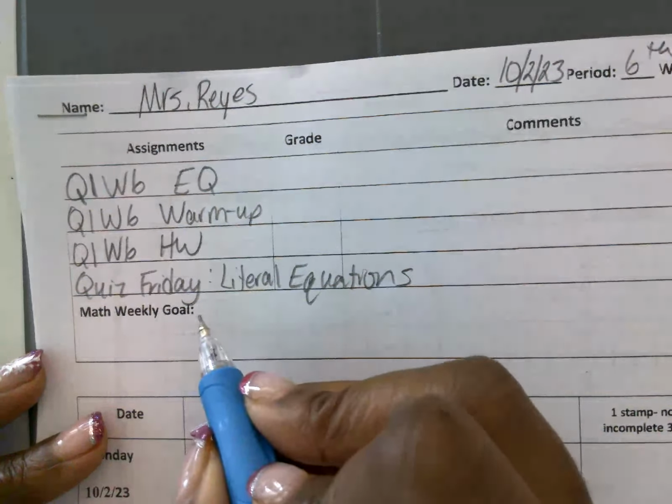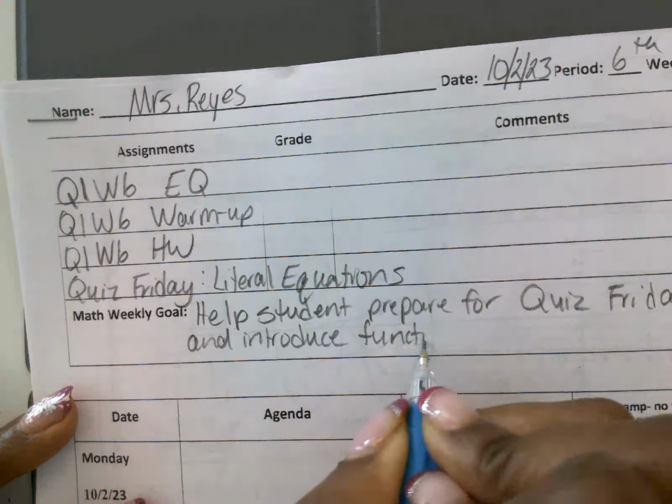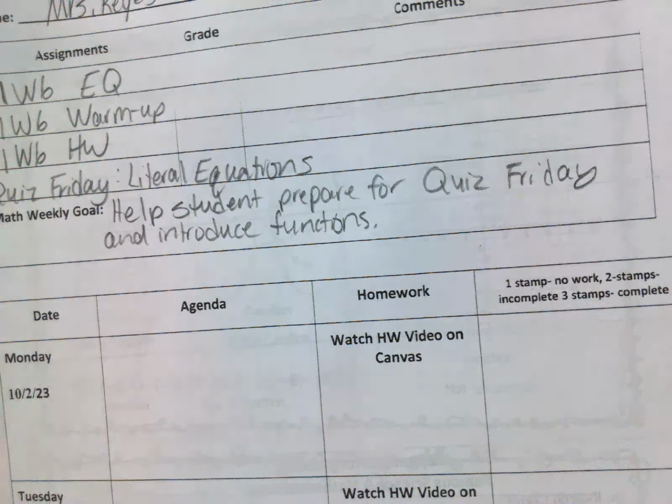Please write down your weekly goal. My weekly goal, I'm going to share. I'm going to write it here, but you write your weekly goal. As you're writing your goal, I'm going to write down the agenda.